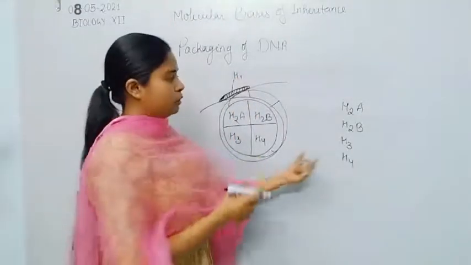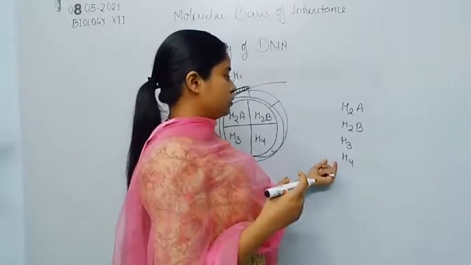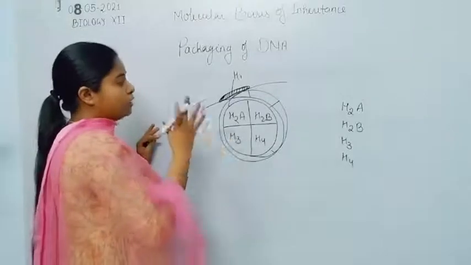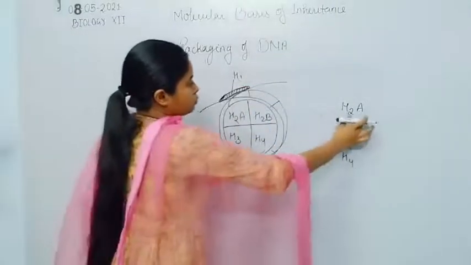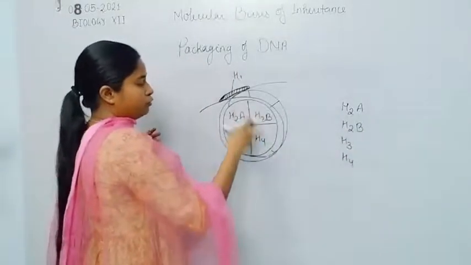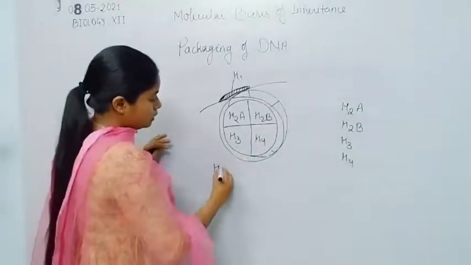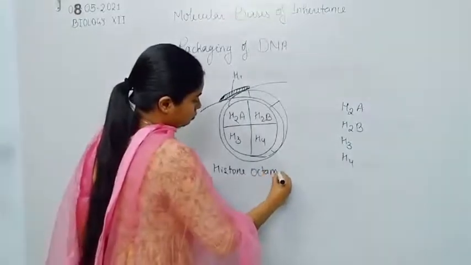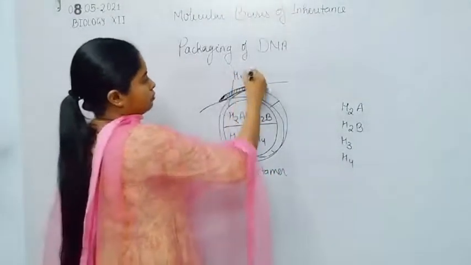So the total histone proteins involved in the packaging of the DNA molecule are H1, H2A, H2B, H3, H4, and two wheels of these subunits, that is the octamer. Here is the histone octamer.